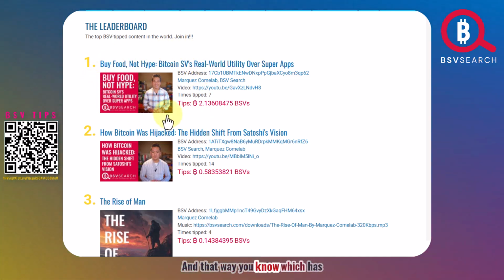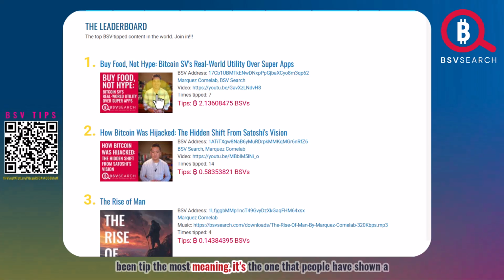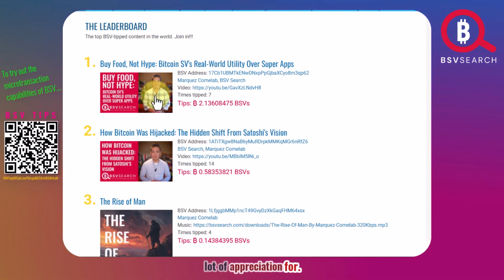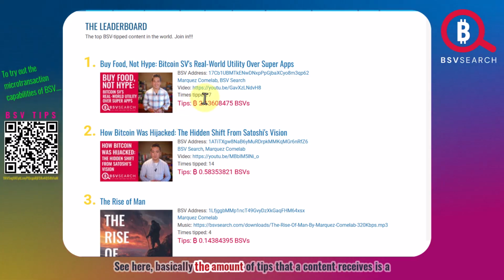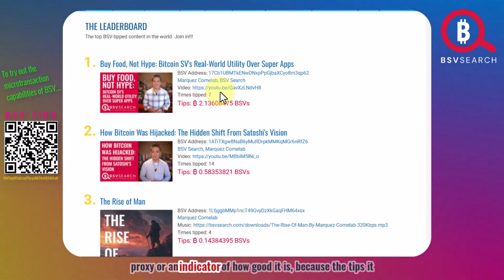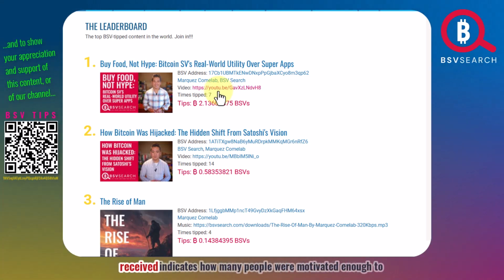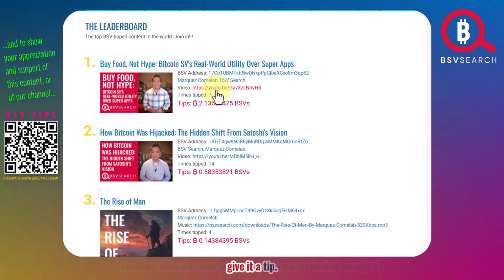That way you know which has been tipped the most, meaning it's the one that people have shown a lot of appreciation for. See, basically the amount of tips that content receives is a proxy or an indicator of how good it is, because the tips it received indicate how many people were motivated enough to give it a tip.